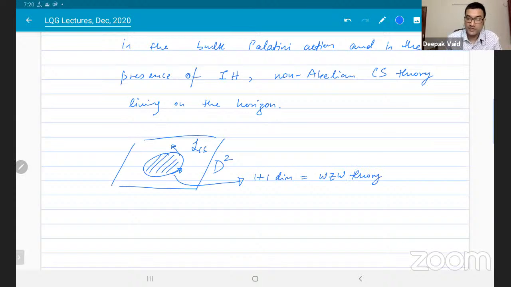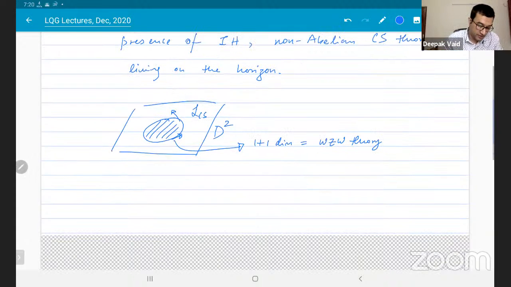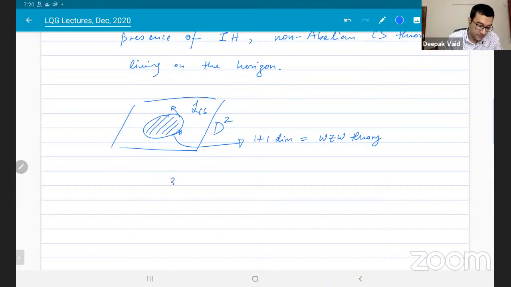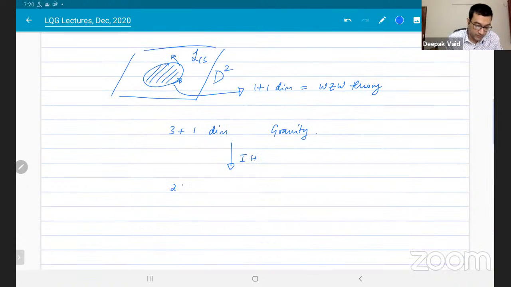So you sort of have this dimensional ladder. Okay, in 3 plus 1 dimensions, you have this gravity. In the presence of isolated horizons, in 2 plus 1 dimensions, you get this Chern-Simons.